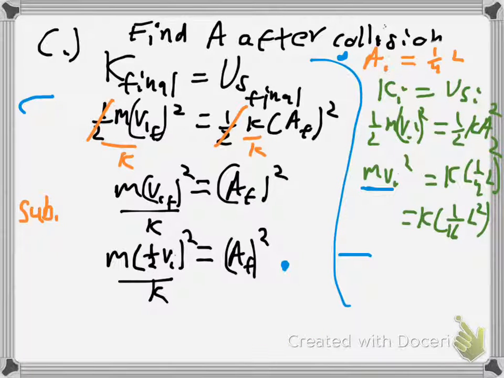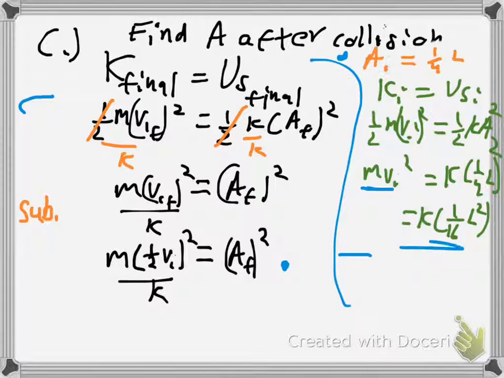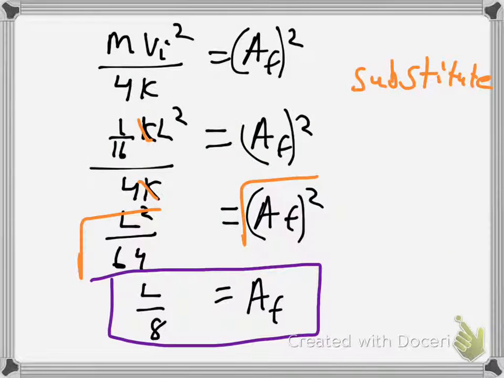So going back from here, I'm going to go ahead and square the 1/2 vi. And so that gives me m vi squared over 4k. Okay, so now I'm going to use that substitution that we found of k times 1/16 L squared.